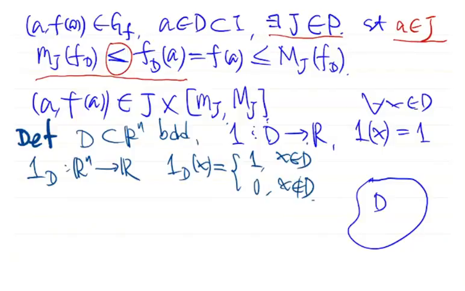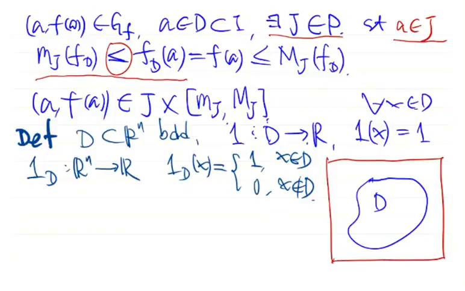So how about the discontinuity of this function? It is easy to see that the points where this general extension is not continuous are precisely the boundary of D.